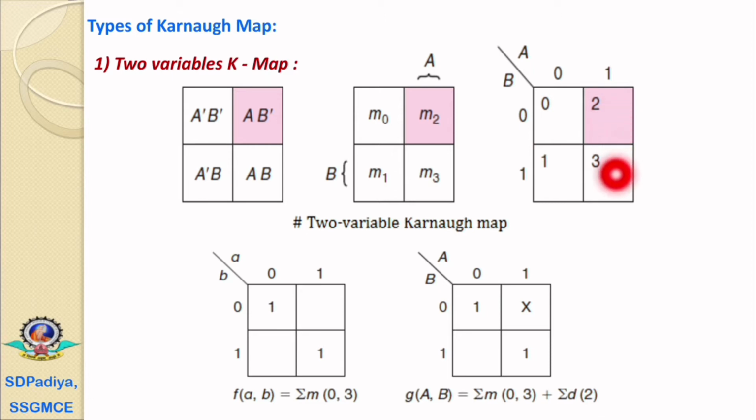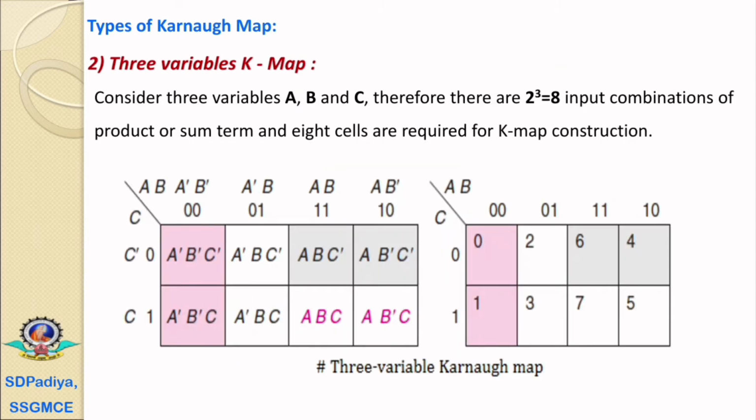It is a K-map for two variables. Now, the three variables K-map. If we have any expression with the three variables A, B, C, we require a K-map with 2 raised to power 3, that is 8 cells, because there will be 8 input combinations of the product or the sum term.